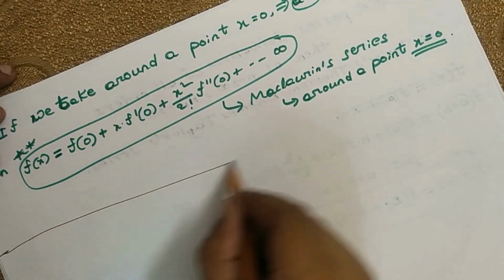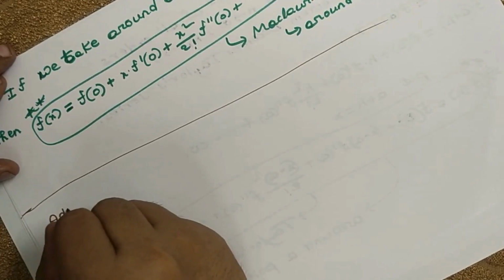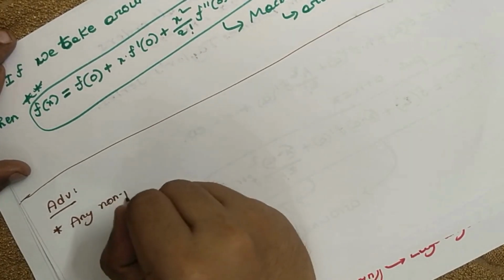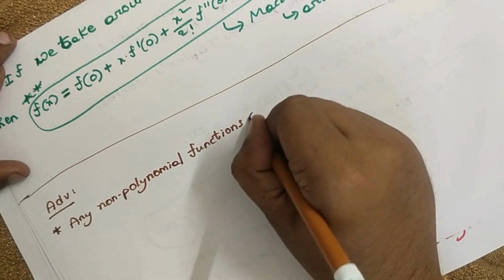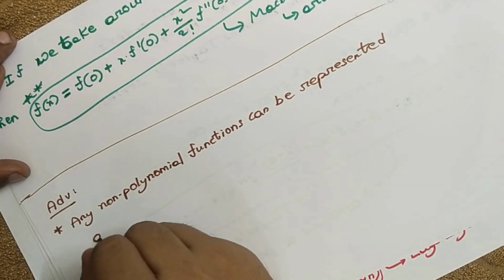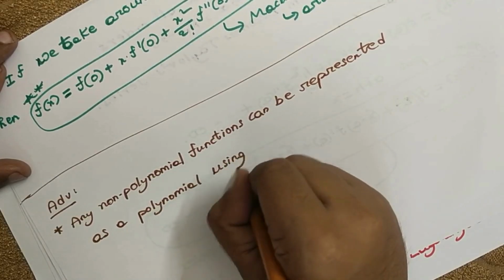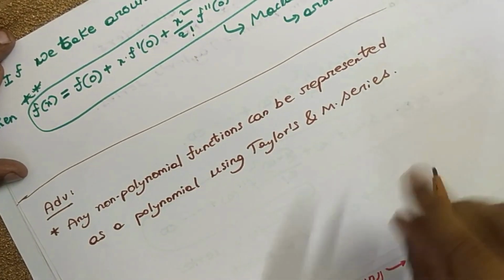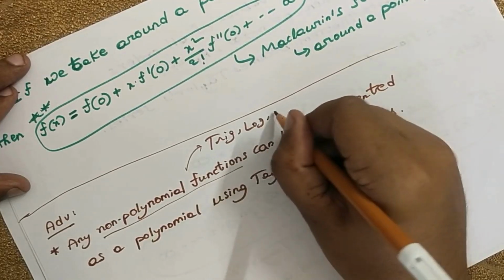Okay, so we have been seeing the Taylor series and Maclaurin series. Now let's see the advantage regarding this Taylor series and Maclaurin series. So the advantage is that any non-polynomial function can be represented as a polynomial using these Taylor series and Maclaurin series. Any non-polynomial function means either trigonometric functions or logarithmic functions or exponential functions and so on.